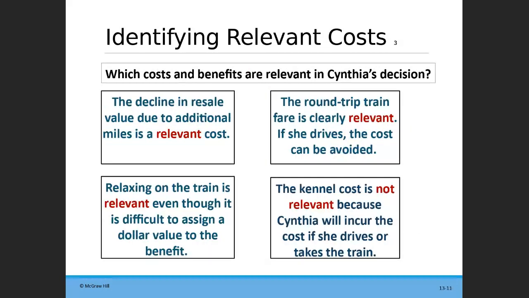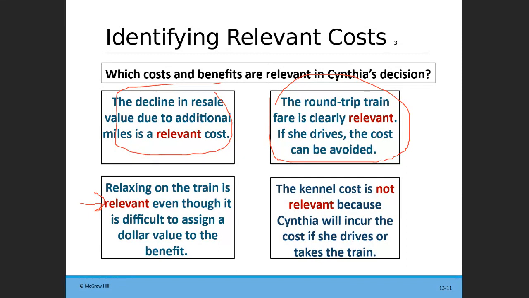What costs and benefits are relevant? Well, decline in resale. The fare, the round trip fare, clearly that cost could be avoided if she drives the car. She doesn't have to pay the $140 for the ticket. Relaxing on the train is relevant, although, like we said, there were question marks there. Hard to assign a dollar value.